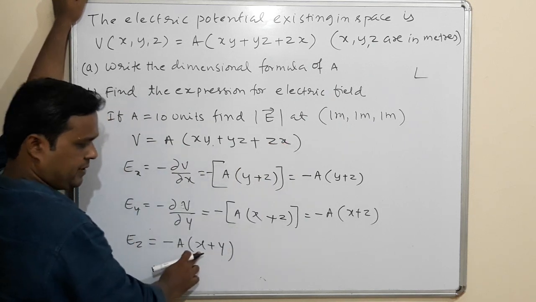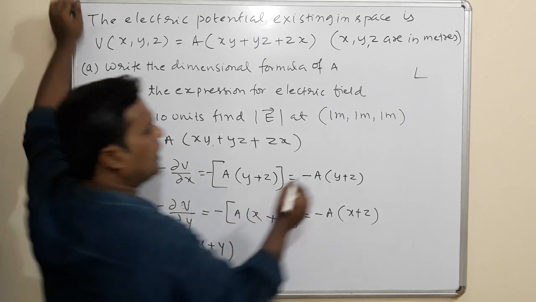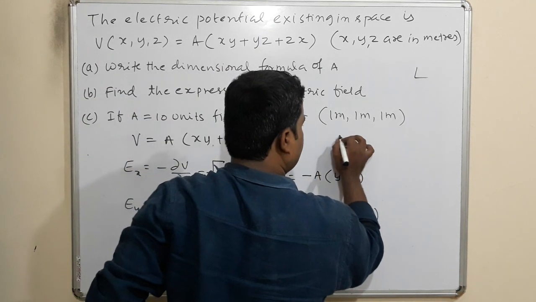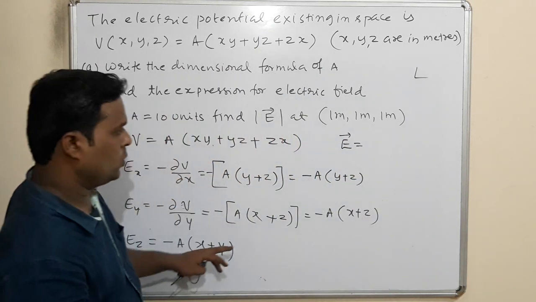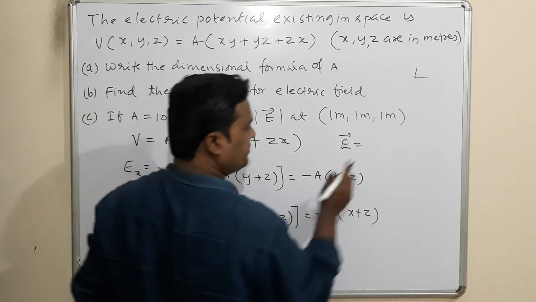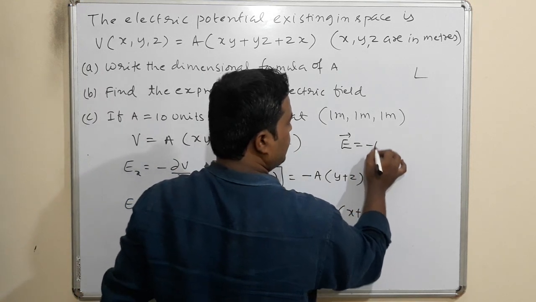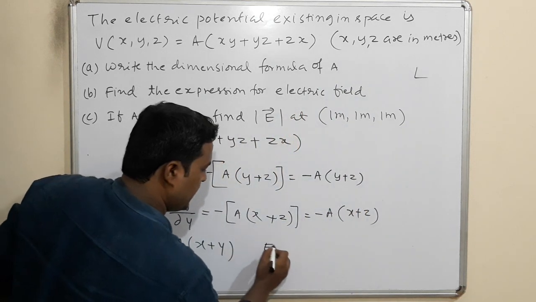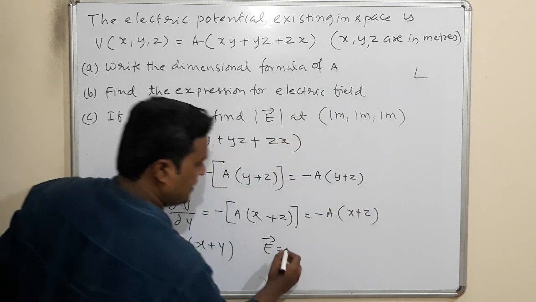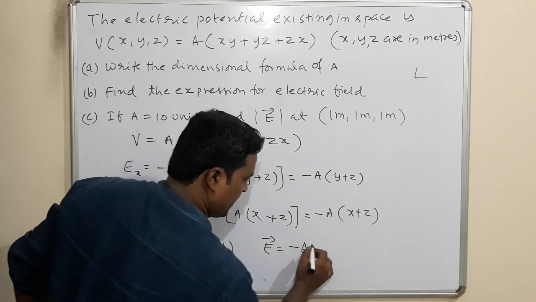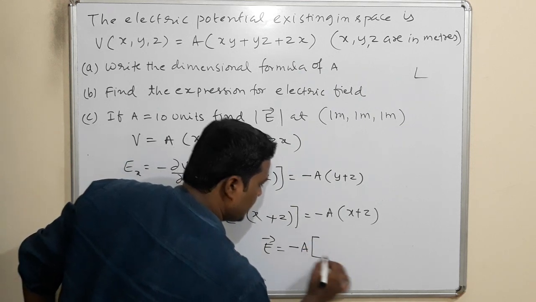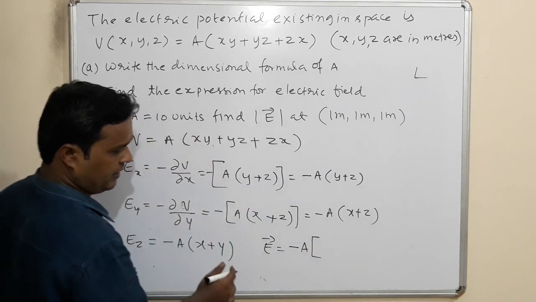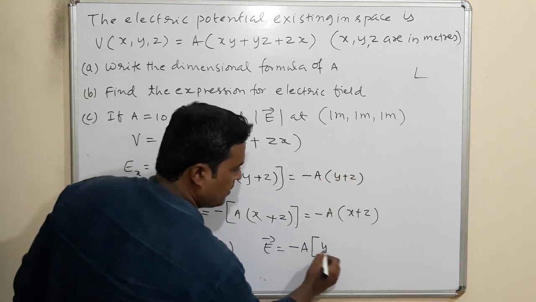Then overall, the electric field expression I can write: E is equal to minus A, which is outside from all these terms. Then I will put a square bracket here. What is the x component?